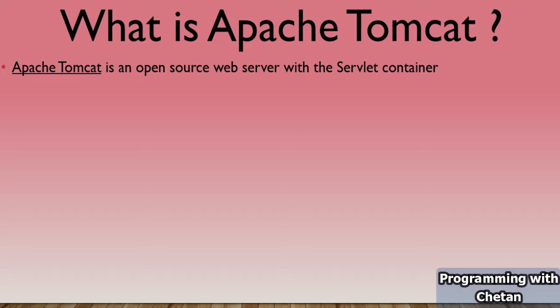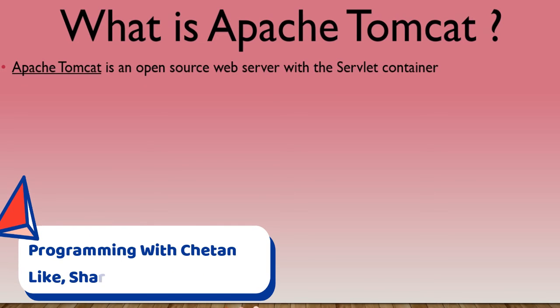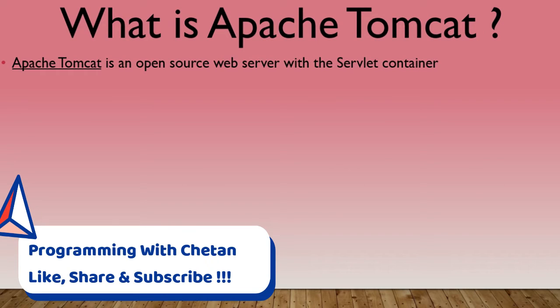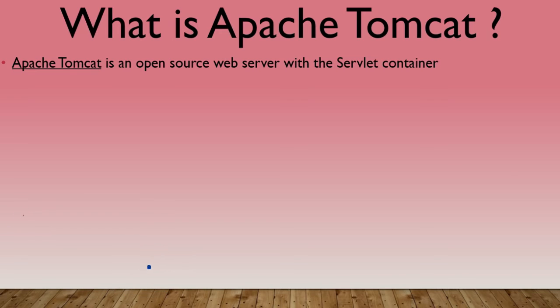Now what do you mean by open source? If we talk about open source, then it is easily available on internet and it is absolutely free, so that we can download this Apache Tomcat on our machine. And it contains servlet containers. Apache Tomcat is also known as servlet container or web container.